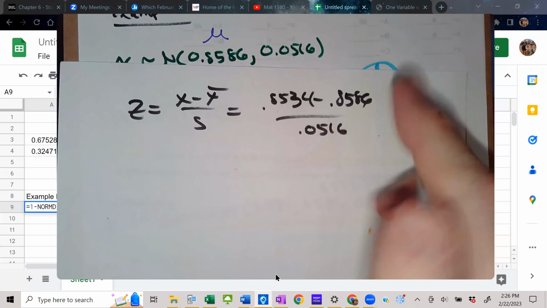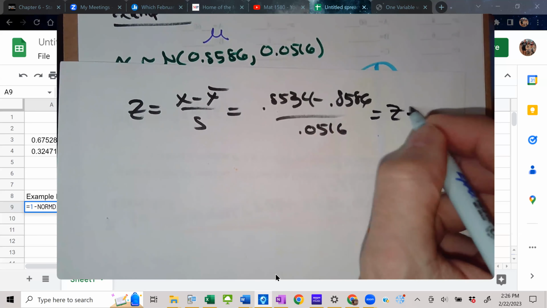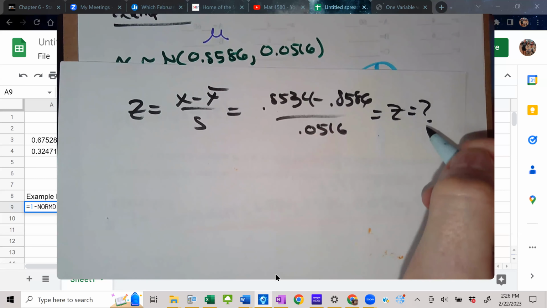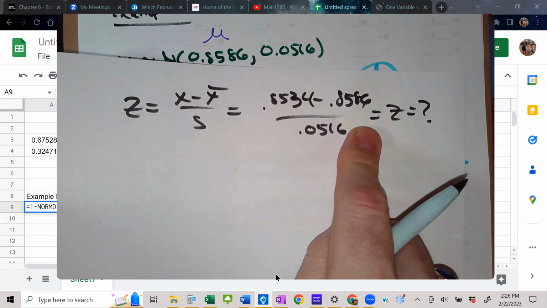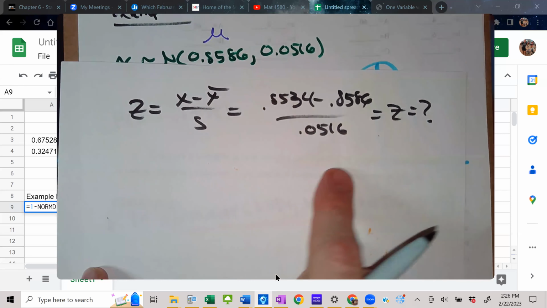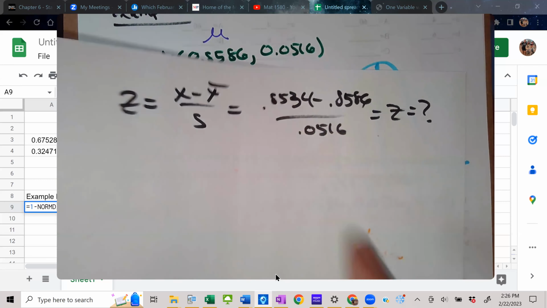And then that would give you some Z value. And then you'd have to look it up in the normal tables to get your value there. And with all that rounding, you're probably going to get a slightly different area.